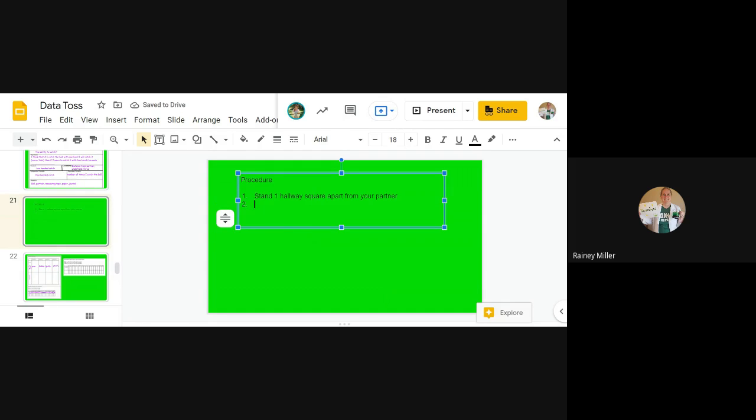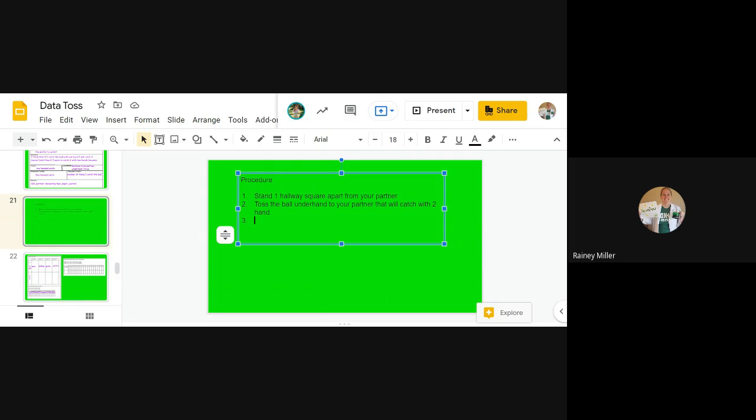Step 2, toss the ball underhand to your partner that will catch with 2 hands. And then you say specifically what you're going to do next. Now, I'm going to leave the rest to you to try and figure out.